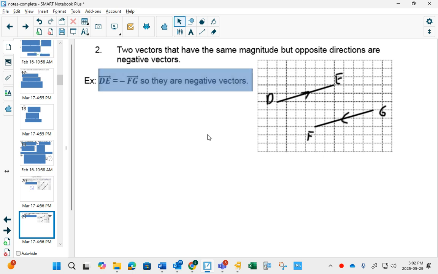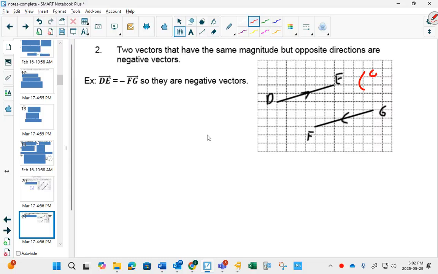If we're going in the opposite direction, then one is the negative of the other one. So D to E looks like it's 6 to the right, 2 up. And G to F would be the negative of that.